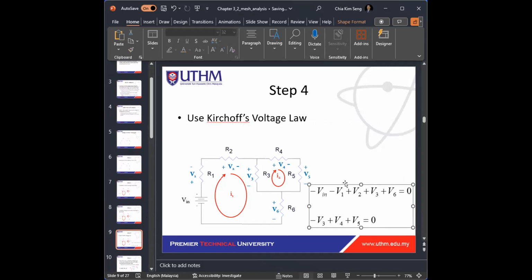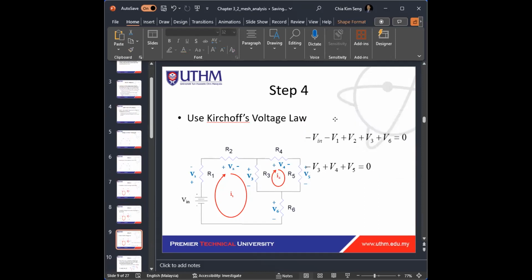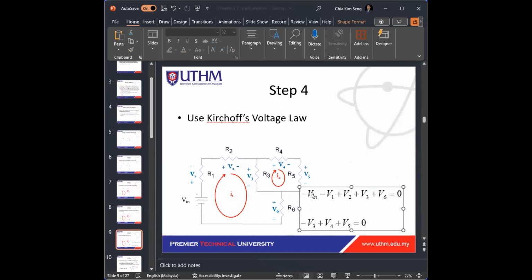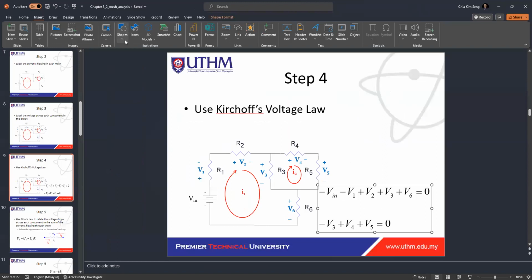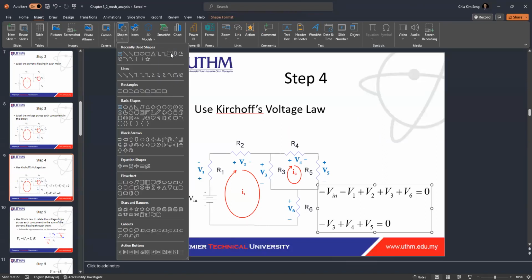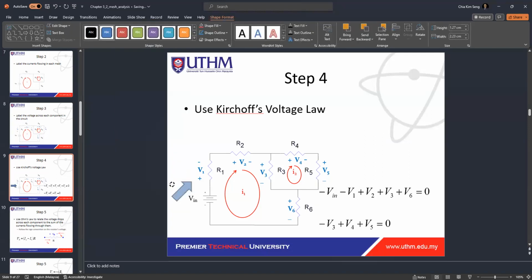And then this is the Kirchhoff voltage law equation that we get. If you follow the direction, let me take an arrow to show you. As you can see, we follow the clockwise direction, so that means we come from here.